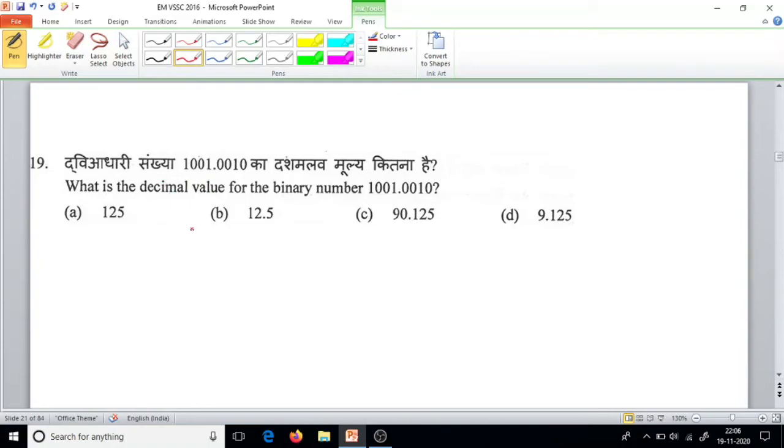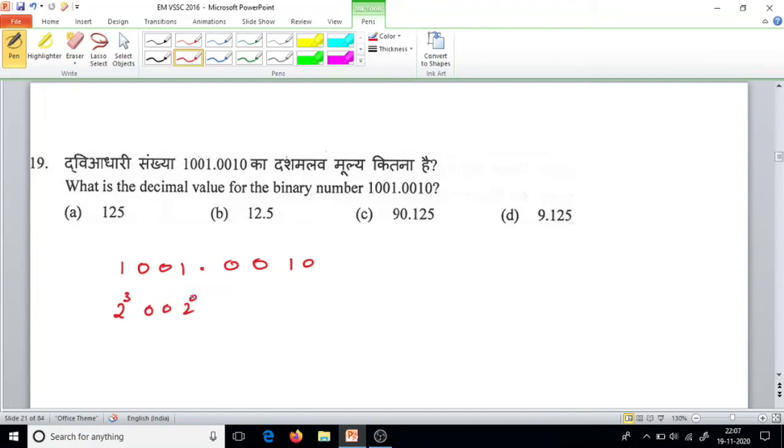Question number 19. What is the decimal value for the binary number? The binary number is given: 1001.0010. Now this is 2 to the power 3, and these two will go to 0.